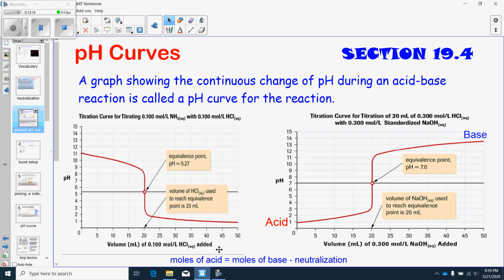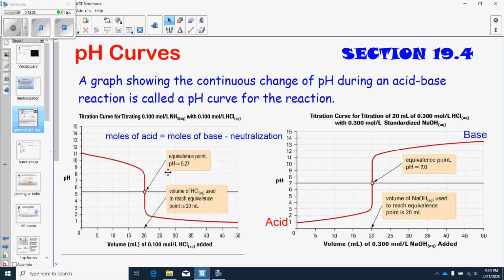So what do we mean by neutralization, or what's really happening when you hit this endpoint, which is in the middle of this drop? What's happening is this. When we have neutralization, the moles of acid equal the moles of base. So they're said to be stoichiometric, a 1-to-1 ratio. Moles of acid equals moles of base.